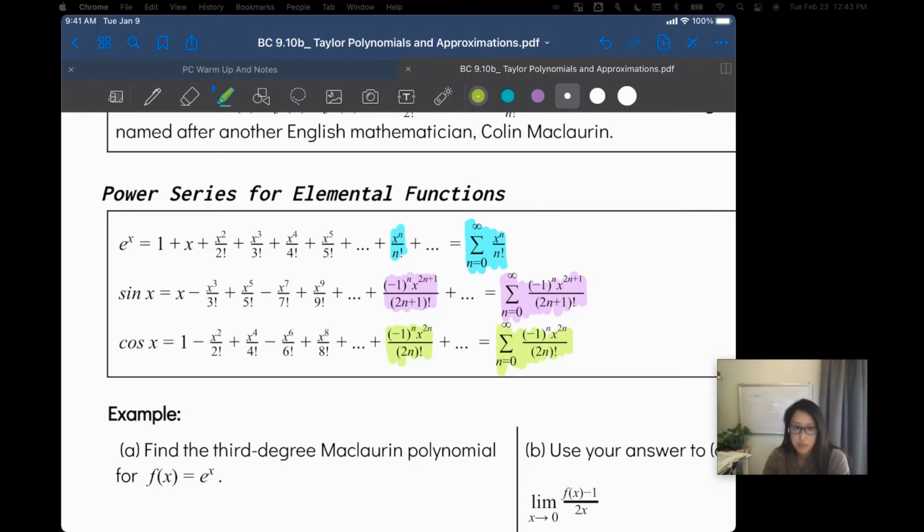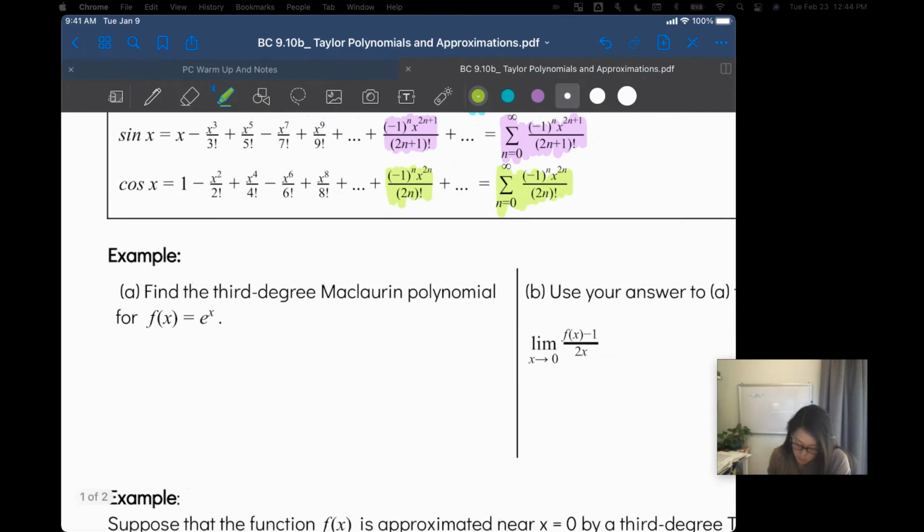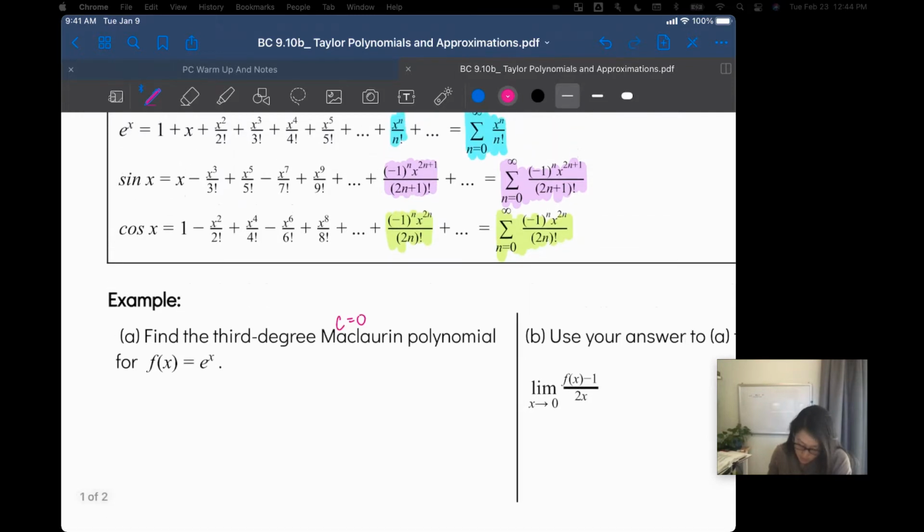Okay, so first we're going to find the third degree Maclaurin polynomial. Again, Maclaurin means that we are centering around c equals 0. We're going to end up writing four terms here because we want the third degree, not the third term.